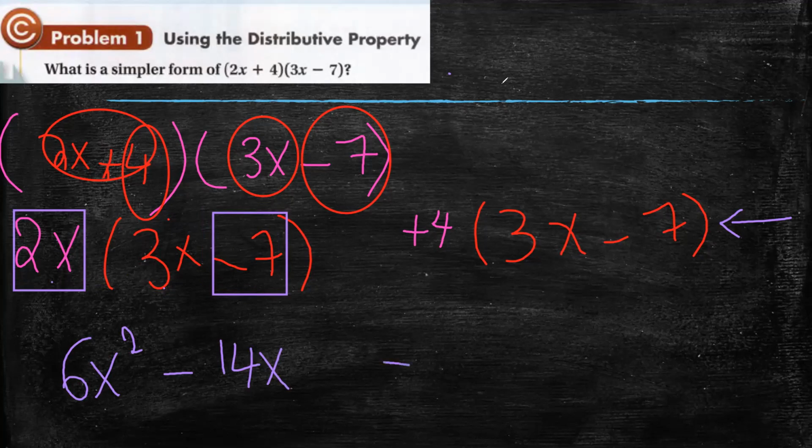Look now at the second one. Here we do the same, but now we multiply the 4 with 3x. What do you get? 12x.